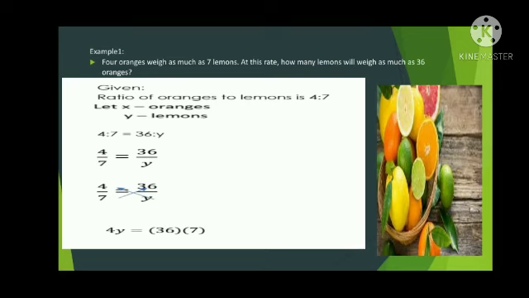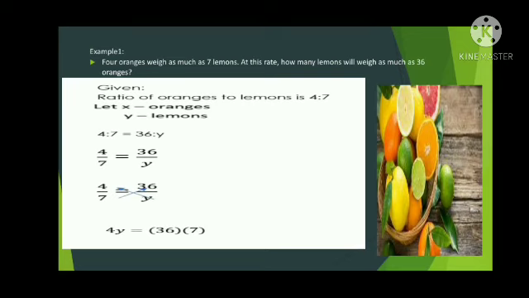As we recall in our previous lesson, we can express ratio as fraction. So, 4 is to 7 is the same as 4 over 7, or 4 divided by 7, is equal to 36 is to y, which is also expressed as a fraction in the form of 36 over y, or 36 divided by y.